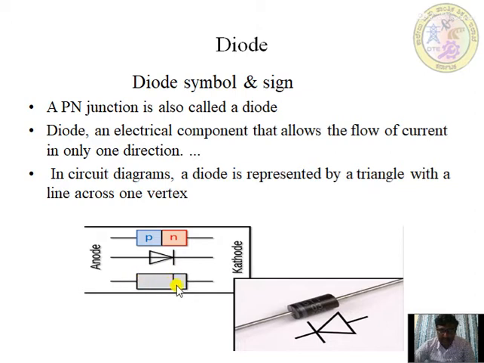The small line part is known as the cathode, and the longer part is represented as the anode. See here, this is a symbolic diagram and this one is a real diode. The mark shown by a vertical line is the cathode part, and this is the anode part. Now we will go through the connection.